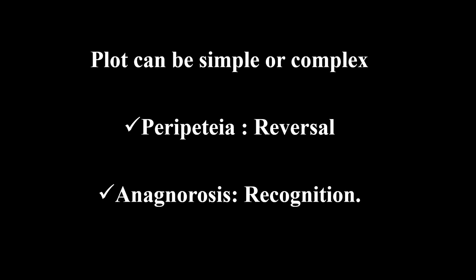And discovery is the recognition of the truth of the identity of persons or the truth of situations. Actually, students, peripeteia can be said to be a recoil effect of one's actions. It is a significant change which leads to the crisis of the play. It involves irony.